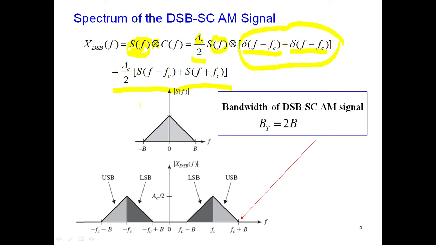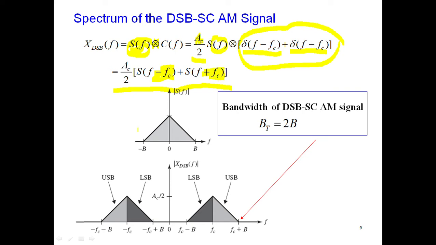Now, when a signal is convolved with a delta, that means you multiply and shift that particular signal by the value of fc, and also plus fc.